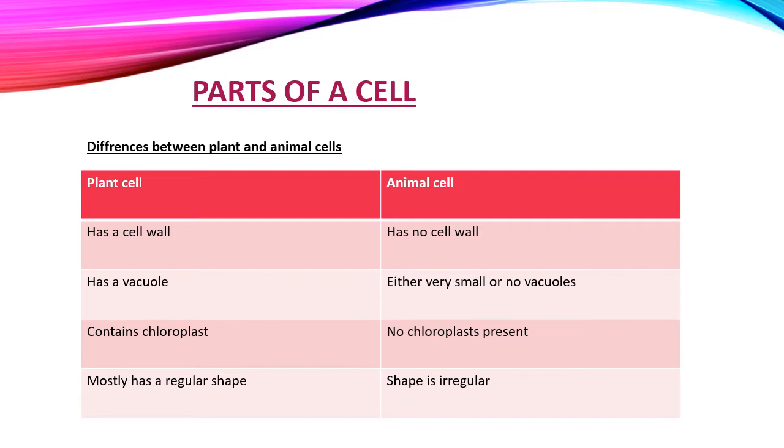A plant cell has a vacuole, whilst an animal cell has either very small vacuoles or none at all. A plant cell contains chloroplasts, whilst an animal cell has no chloroplasts. A plant cell is mostly regular in shape, whilst an animal cell has an irregular shape.